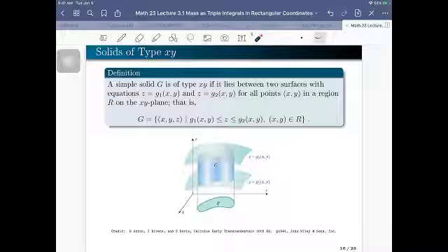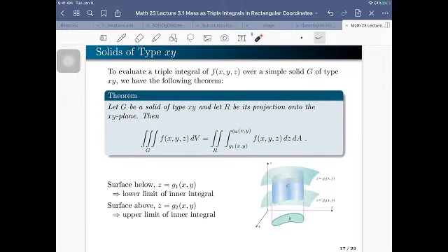Again, you have a projection R, and the solid is bounded below and above by two surfaces defined by, say, g1 and g2. So how do you evaluate the triple integral over a solid of type xy?